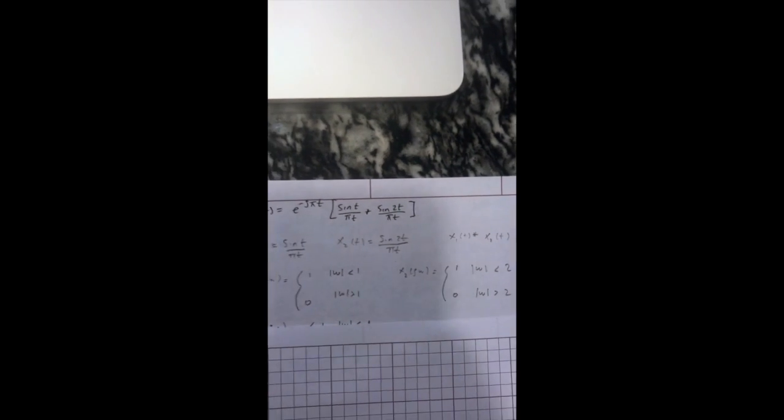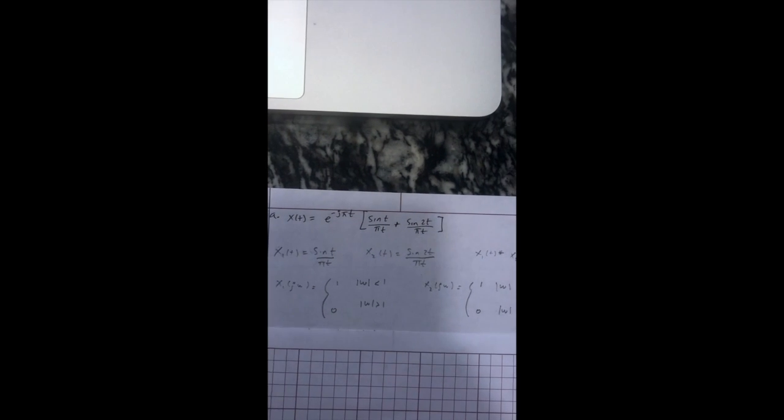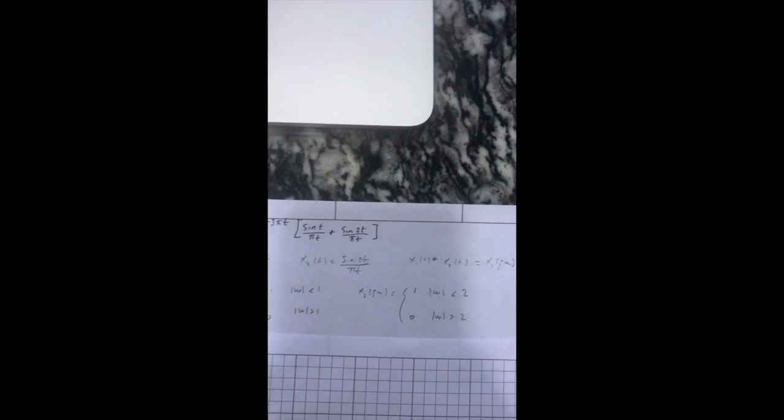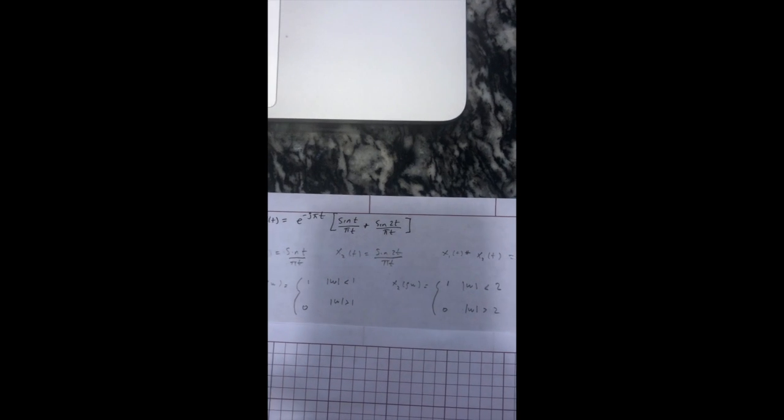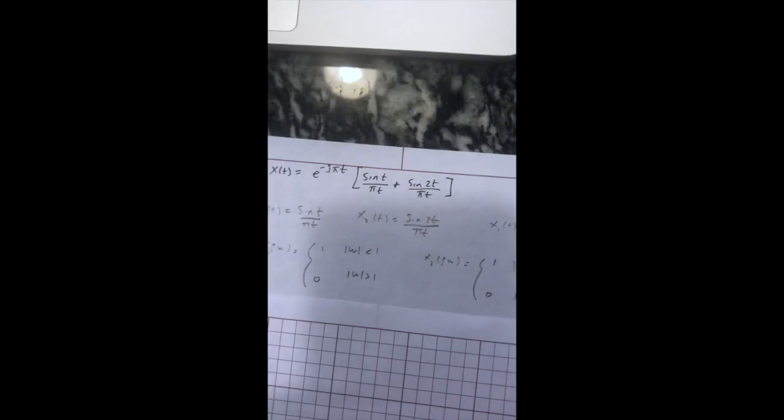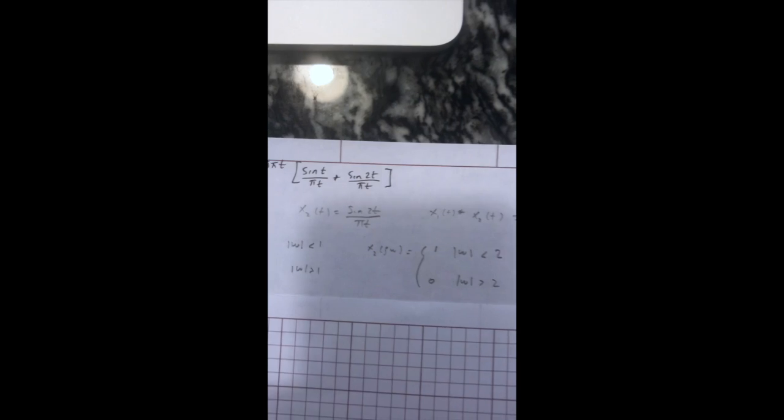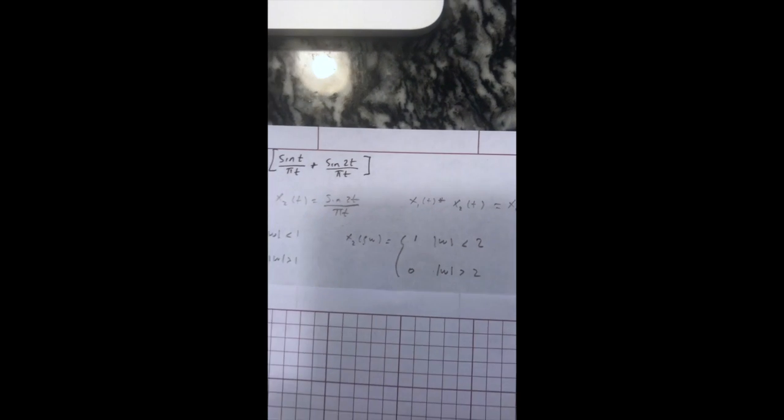But so x1 of j omega, again, using your properties, is equal to 1 for the magnitude of omega less than 1. So this means it's going to go from negative 1 to 1. And x2 of j omega is going to equal 1, where the magnitude of omega is less than 2, which means it's going from negative 2 to 2.